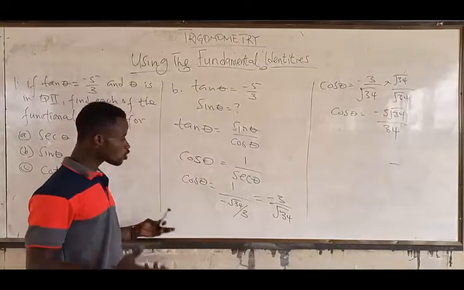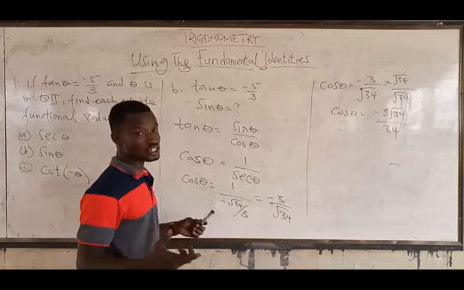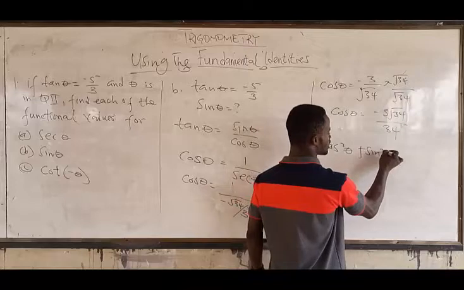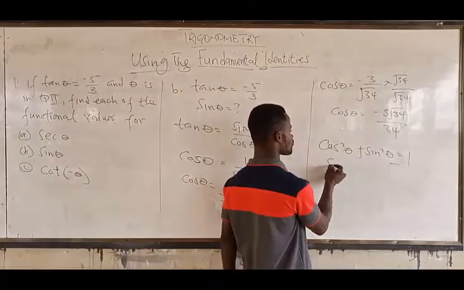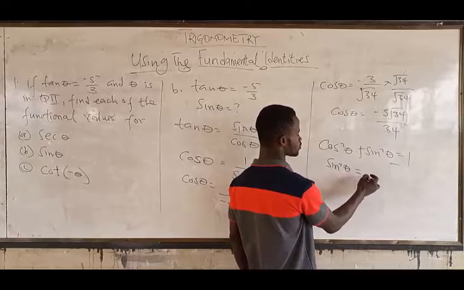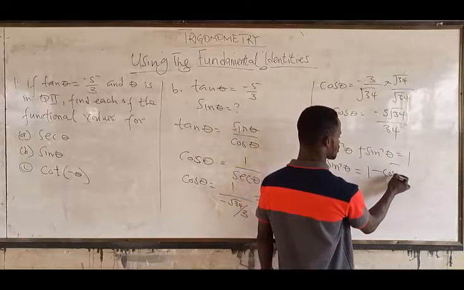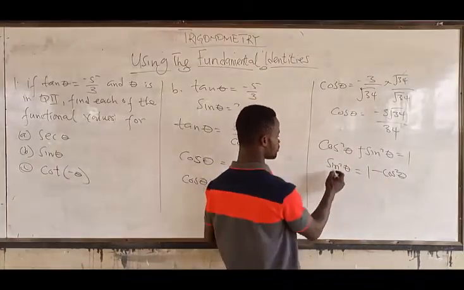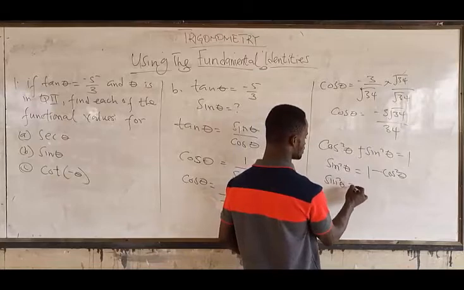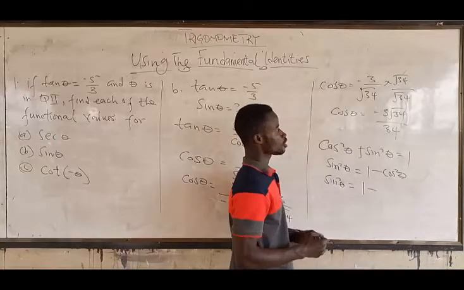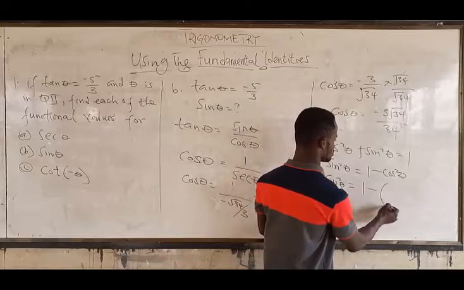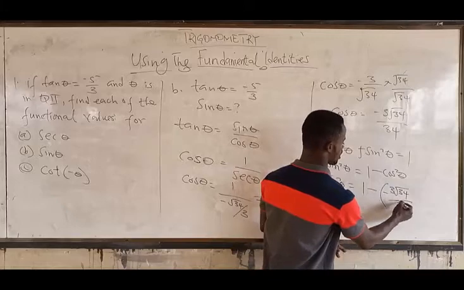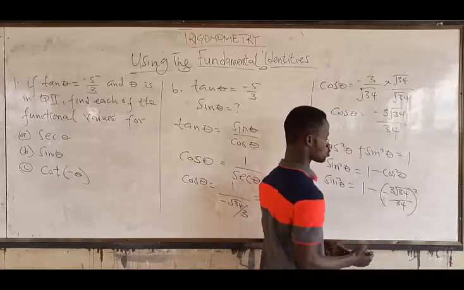And now that we know cos theta, we can easily go for sine because we know that cos squared theta plus sine squared theta is equal to 1. Therefore, sine squared theta is going to be 1 minus cos squared theta. So sine squared theta is equal to 1 minus negative 3 square root of 34 over 34, all squared.